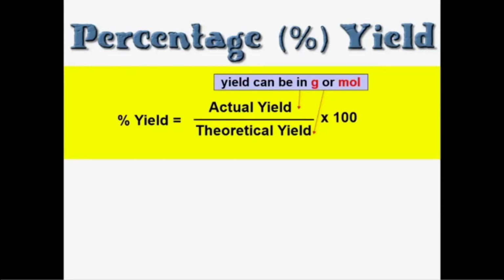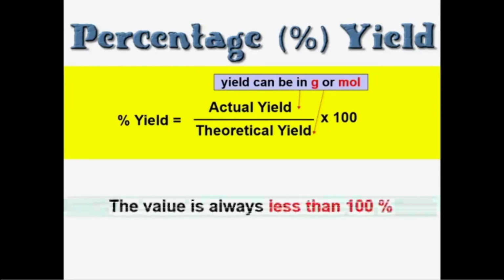And one more thing, remember, the value of percentage yield is always less than 100%, unless the reaction is the same as the theoretical. But in a normal situation, we won't get a percentage yield of 100%. Normally it should be less than that.